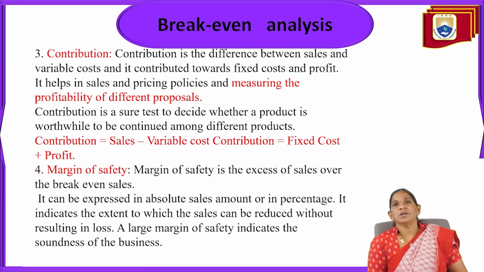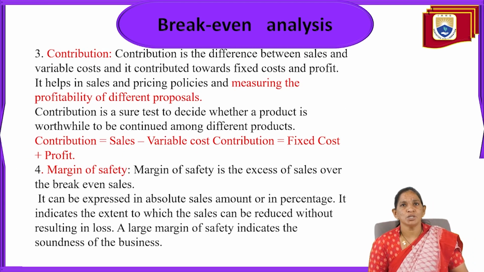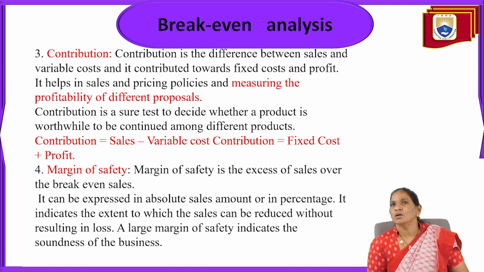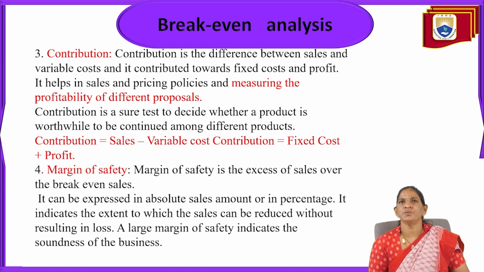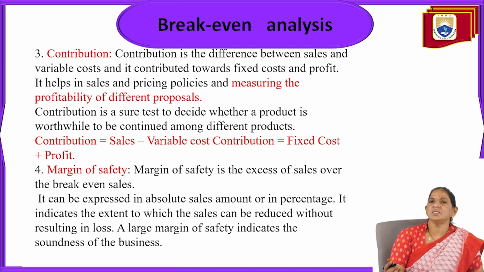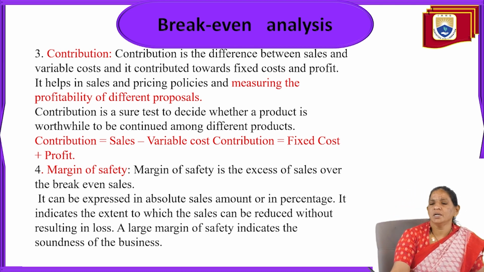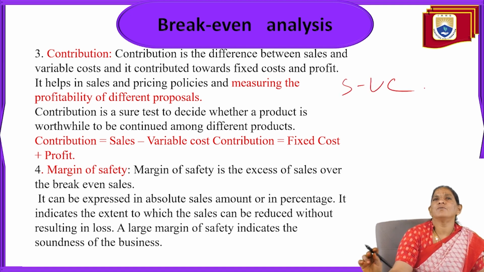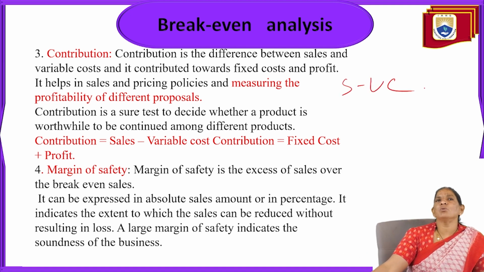And the third one, what I told is contribution, which is very important in case of marginal costing or the analysis of break-even analysis. So contribution means it is a difference. Already I showed in the statement, that is sales minus variable cost, where we get the contribution. So it contributes to the fixed cost and profits.